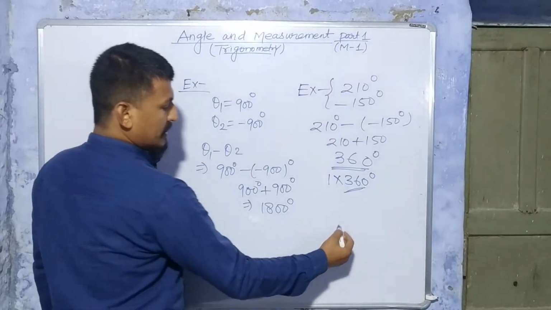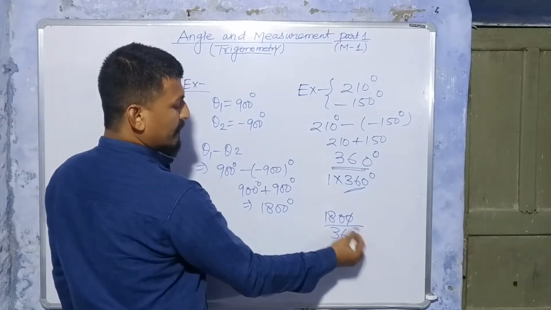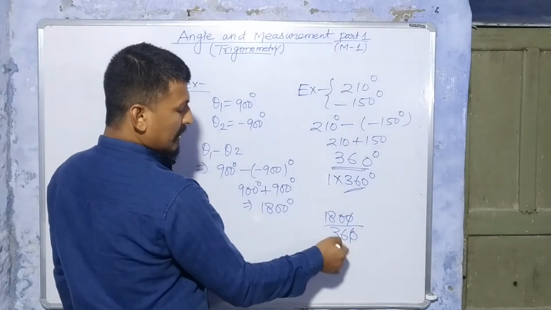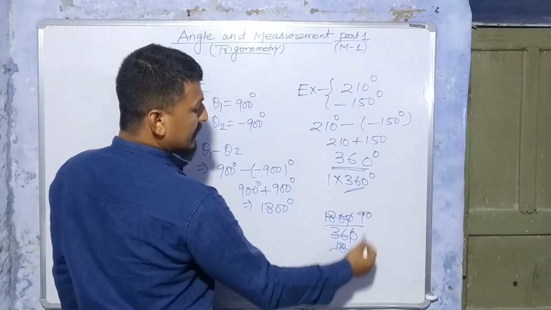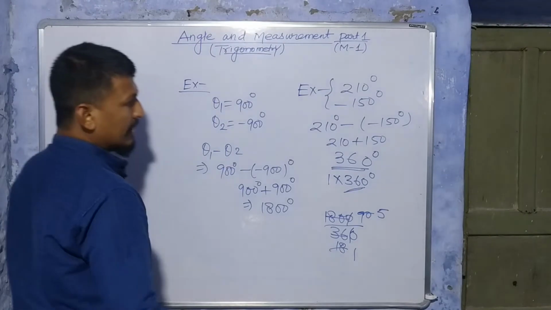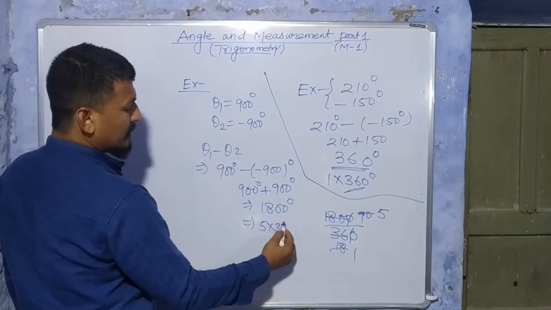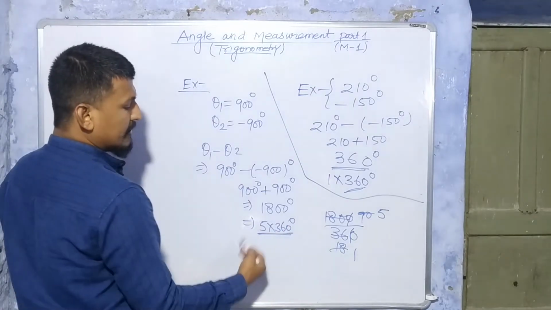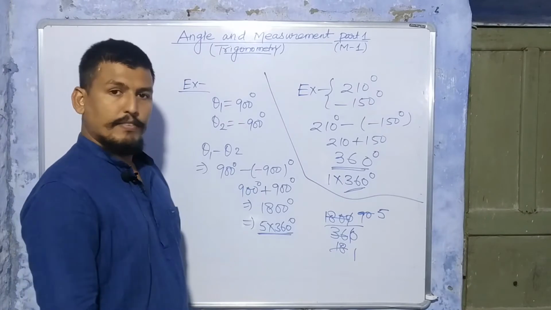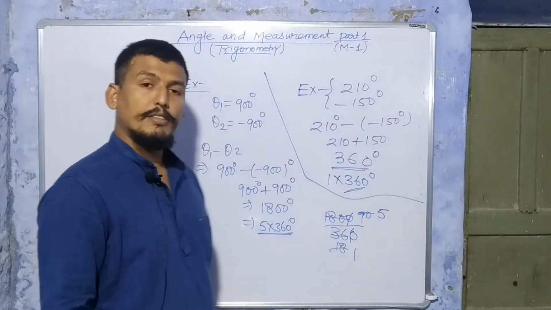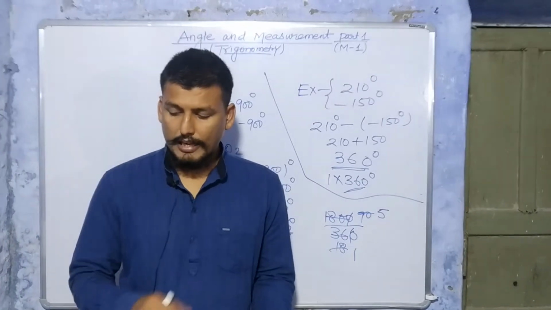Let's check. 1800 divided by 360: cancel the zeros, 18 divided by 36 gives 5. So this can be written as 5 into 360 degrees, an integral multiple of 360 degrees. So this pair of angles is co-terminal. This is the concept of co-terminal angles.